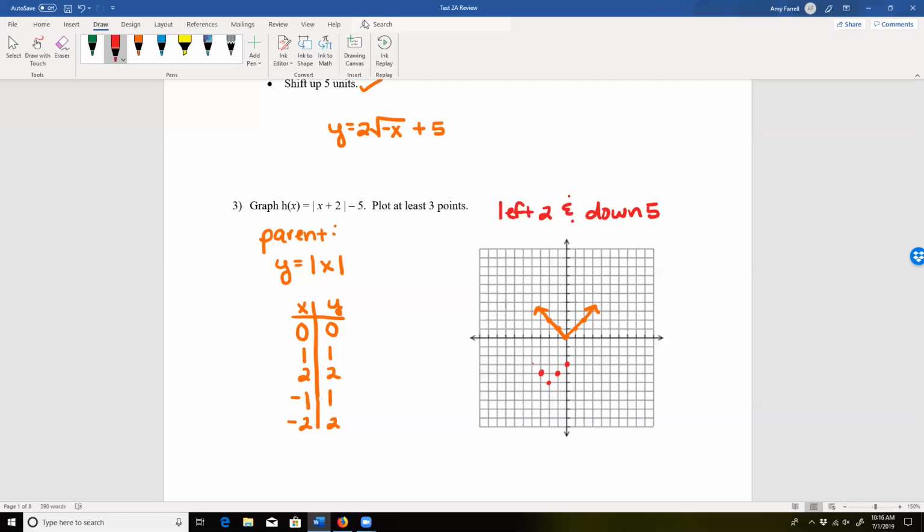Left 2, down 5. So my graph is still V-shaped. It was just moved left 2 and down 5. Like I said, it's not the only way we could graph that, but that was the theme of this section, was using parent functions and transformations.